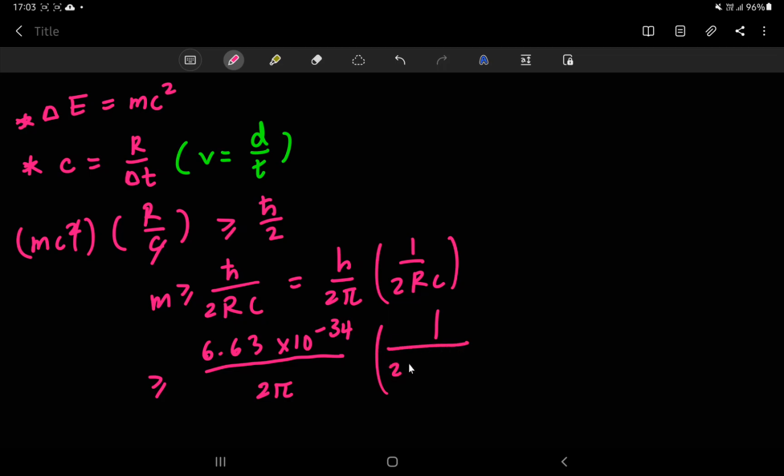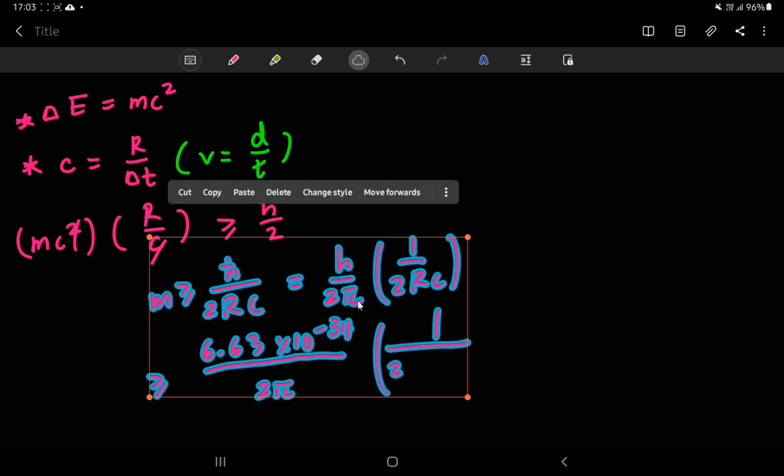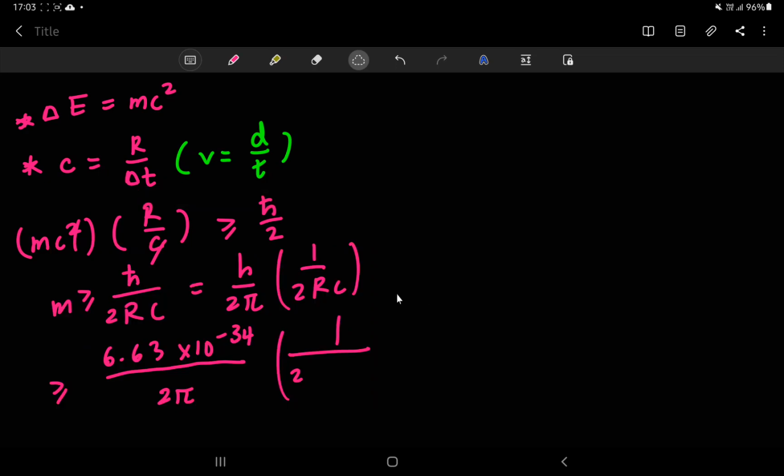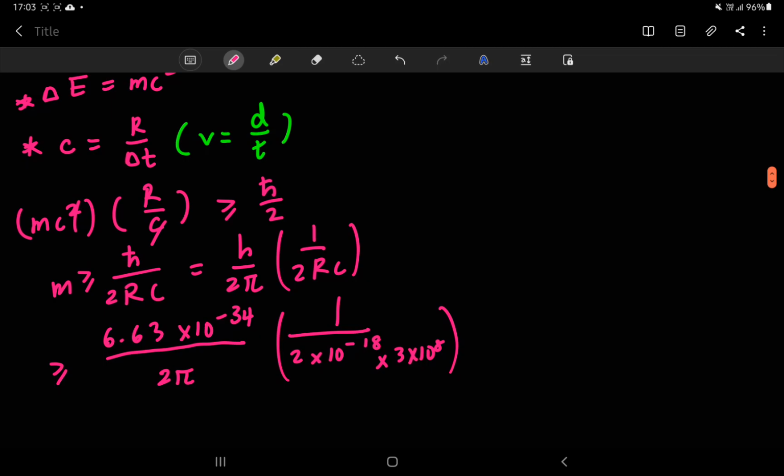So R is what value? So 2 times R, which is 10 to the minus 18. c is 3 times 10 to the 8, meter per second.